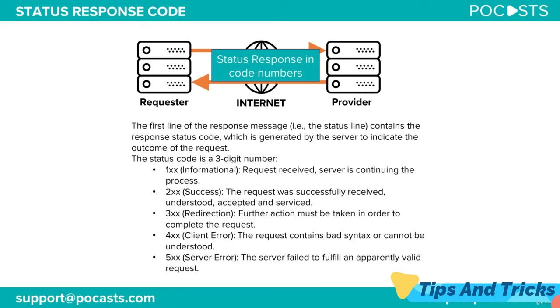3 means it's a redirection, wherein a further action must be taken in order to complete the request. When you see a status code starting with 4, it means it is an error. All the status codes like 400, 401, 403 are error status codes, which could result from a bad syntax, or the request not being understood, or the resource not being there on the provider while the requester is requesting it.